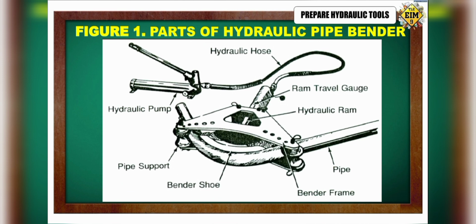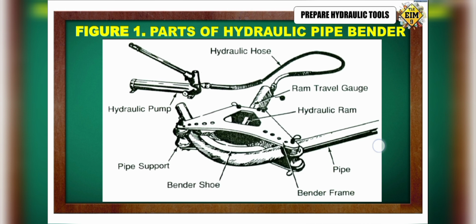So, nagkakaroon ng pressurized na hydraulic oil doon and then magpo-flow yung hydraulic oil dun sa hydraulic hose, and then magta-transfer yung pressurized oil na yun dun sa ram trouble gauge natin and then dun sa hydraulic ram natin. Yun yung magkakaroon ng mechanical movement dahil dun sa pressurized oil natin. So, the more na pressurize yung oil natin, the more din yung pressure na pag-push ng ating hydraulic ram doon sa object na kanyang binibend.